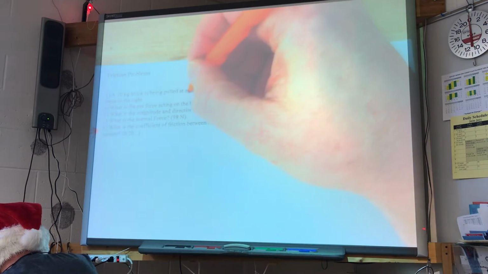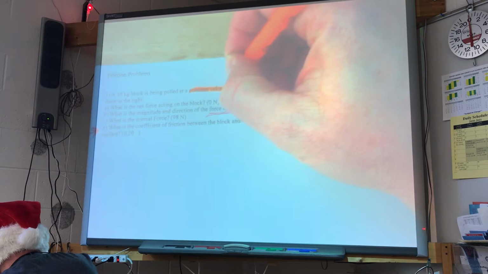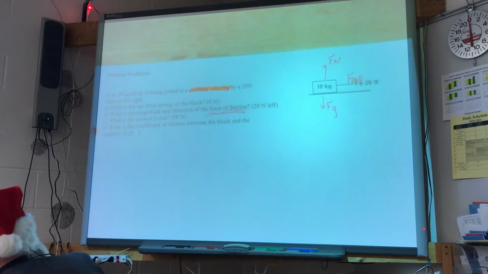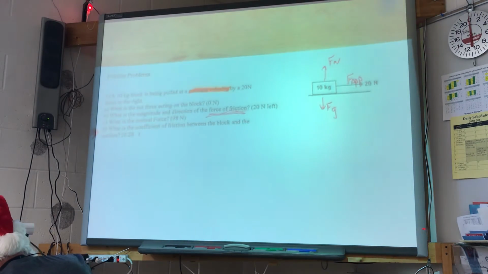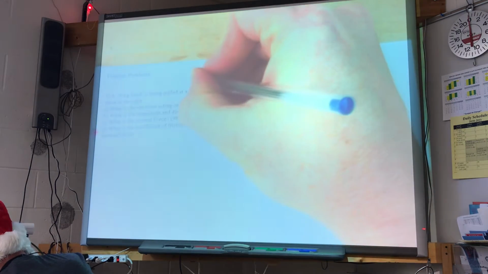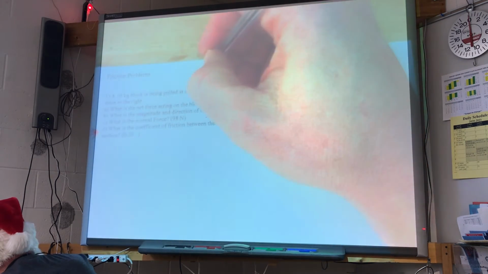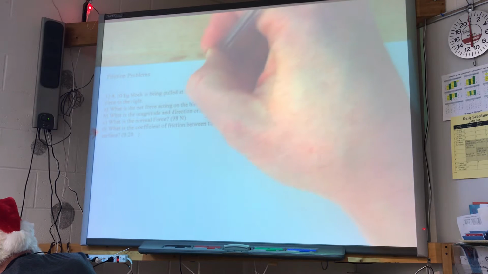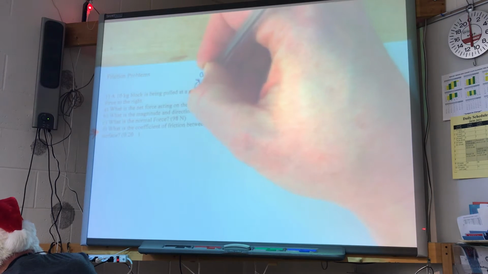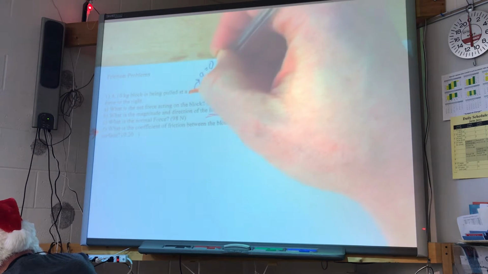Key thing, constant velocity. What does constant velocity tell me about my acceleration? Zero. If my acceleration is 0, what does that tell me about my net force?